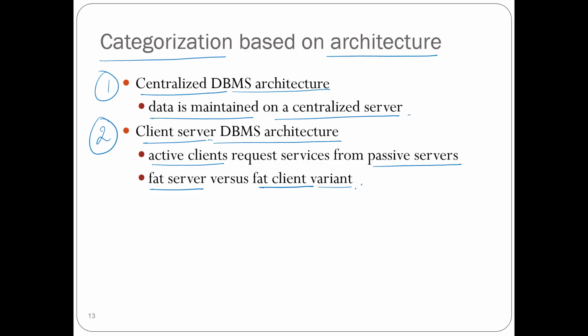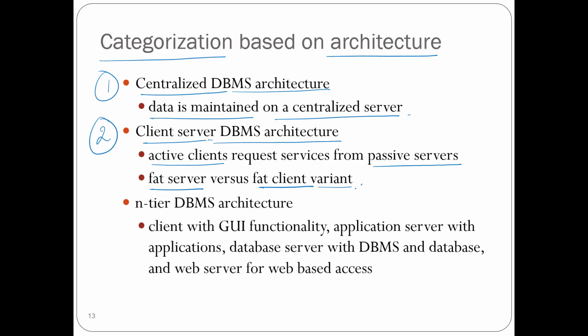Now, this concept of the client-server model or architecture can be extended to the entire DBMS architecture. In that scenario, you will have a client, and the client will have the GUI functionality.